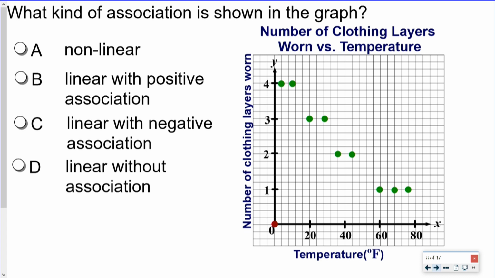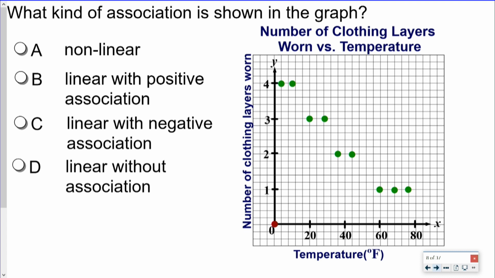My graph is representing the number of clothing layers worn versus the temperature. My x-axis represents our temperature in degrees Fahrenheit, which ranges from 20 to 80 degrees Fahrenheit. My y-axis represents the number of clothing layers worn.